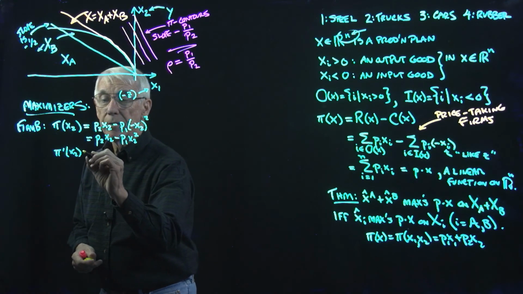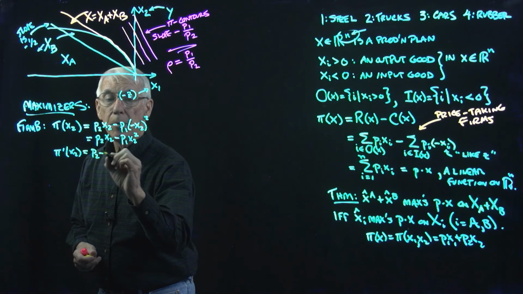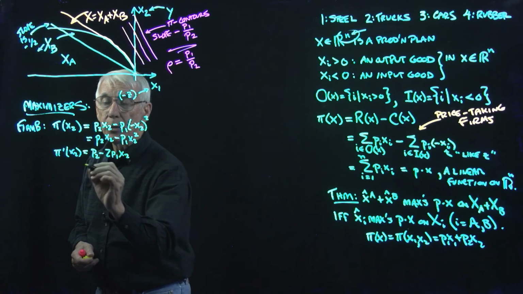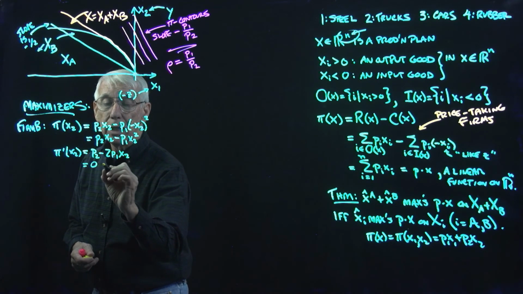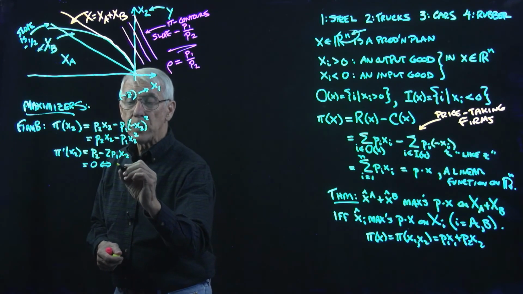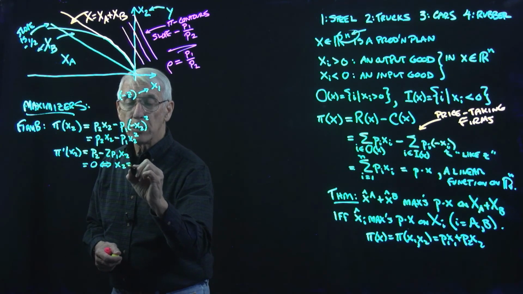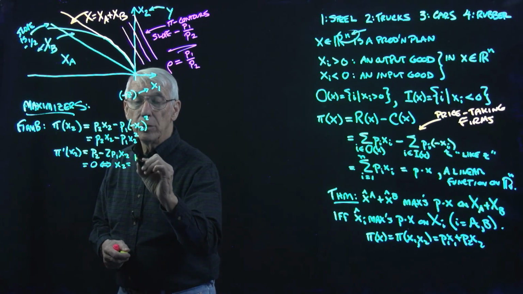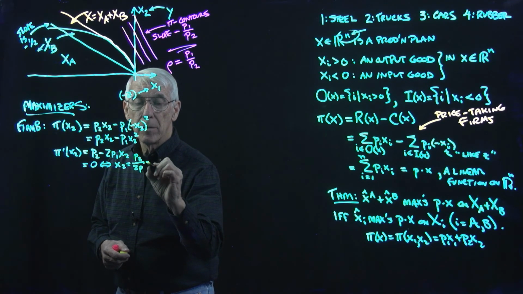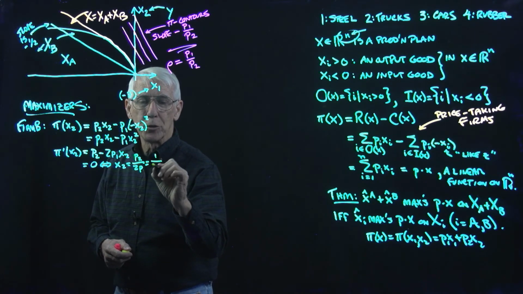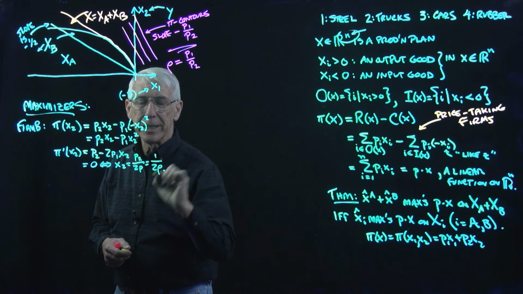And so the derivative of this is going to be P2 minus 2P1 times x2, and that's 0 if and only if x2 is equal to P2 over 2P1. If I use this rho here, that would be 1 over 2 rho. I don't know if that's necessary here.